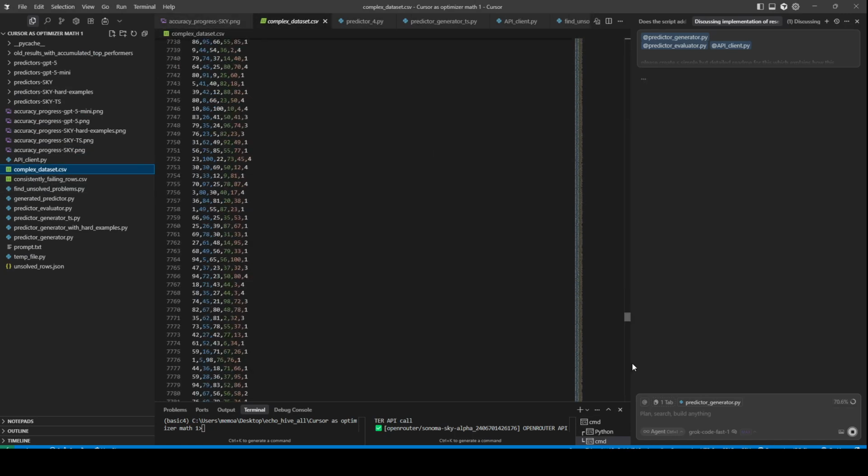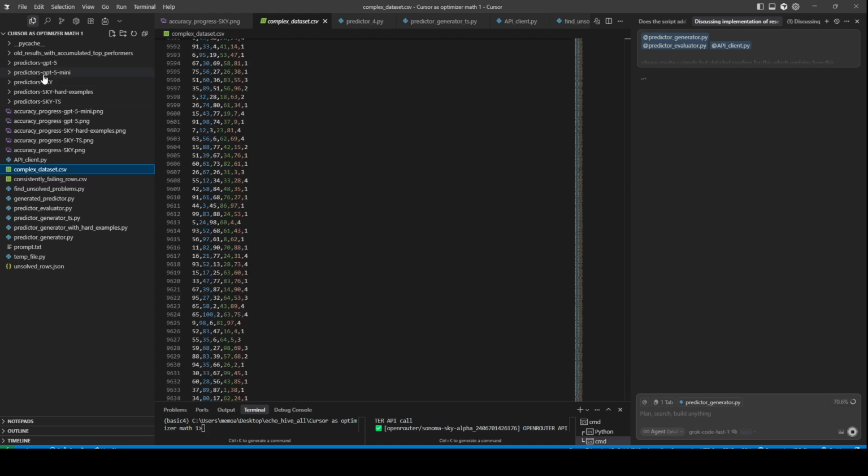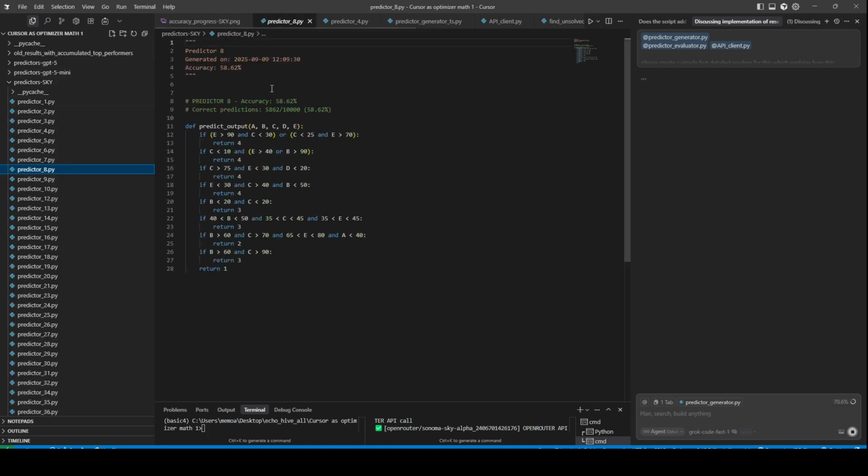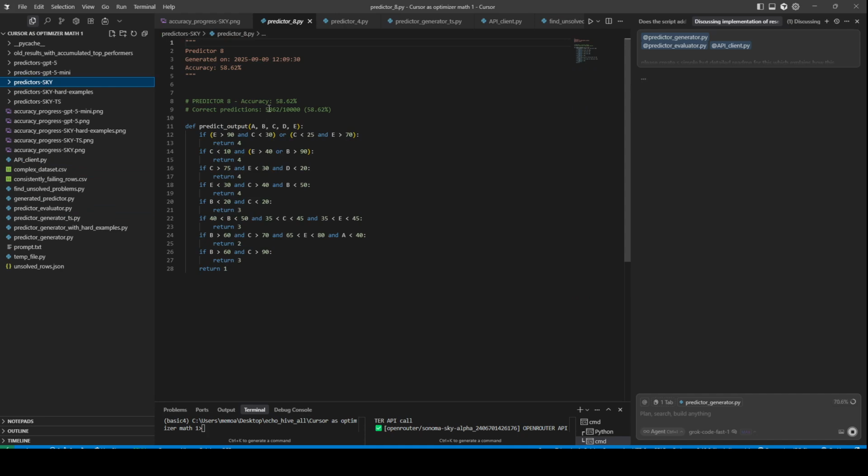It's actually 10,000. So when you see this 58% accuracy, that's actually achieved via the entire data set. So this is way more robust.